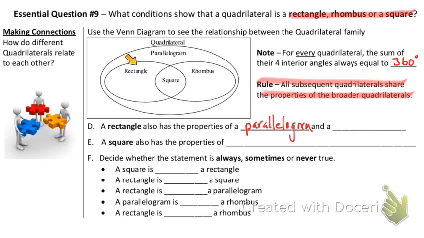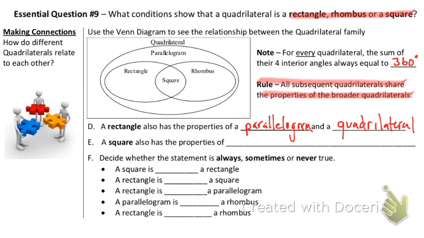So the rectangle shares the properties of the parallelogram, and it also shares the properties of a quadrilateral, because all of these shapes here are inside the box of the quadrilateral.